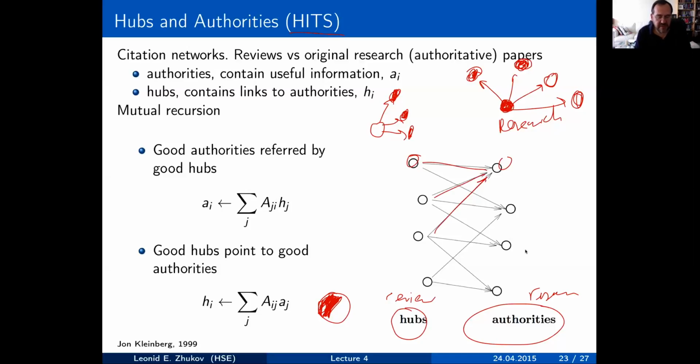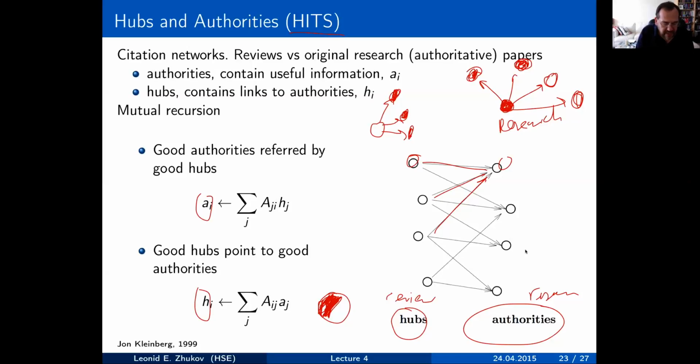And good research papers are cited by good reviews. And so one can introduce two metrics for every node: the metric of authoritativeness of the paper, the authority, and the measure he called hub, or hubness, or the level of reviewing quality.